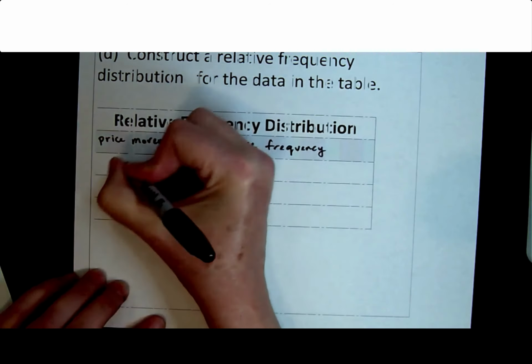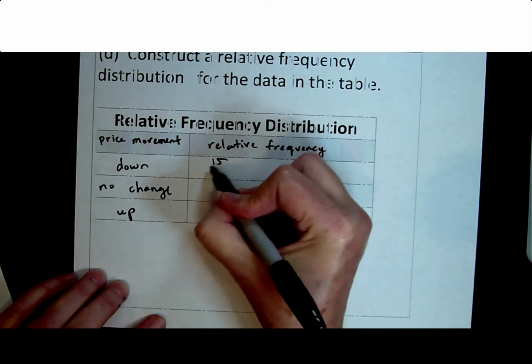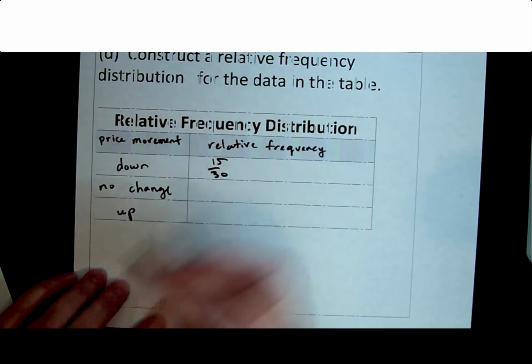Okay, and again, price movements were down, no change, and up. 15 of the 30 measurements were down. That one, hopefully you can do maybe even without a calculator. 15/30ths is 1/2, or 0.5.